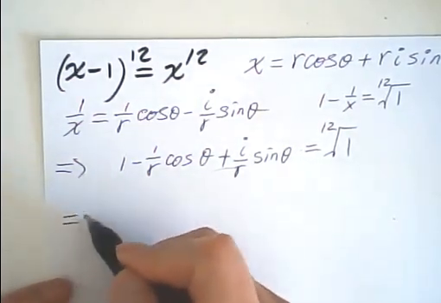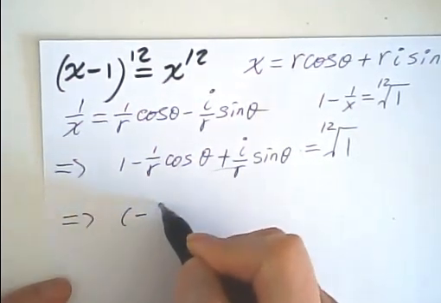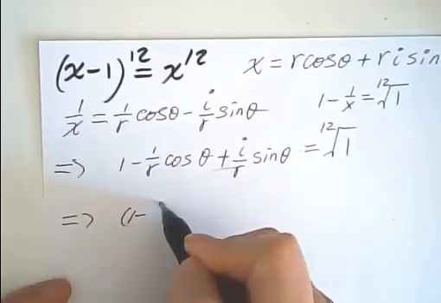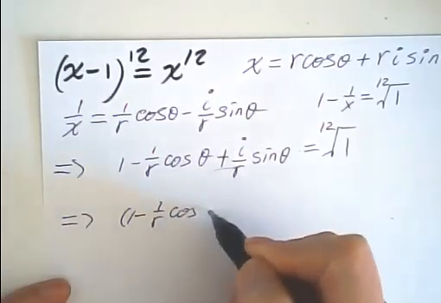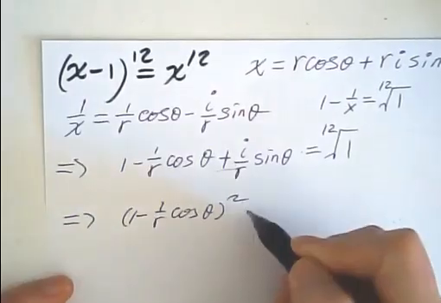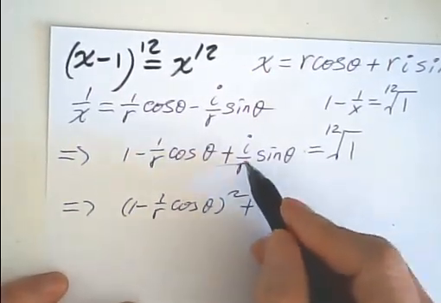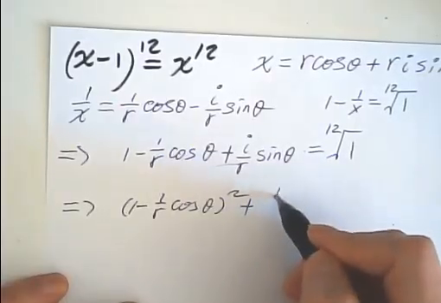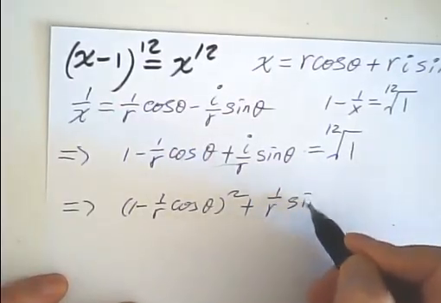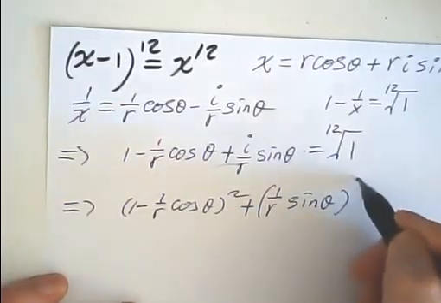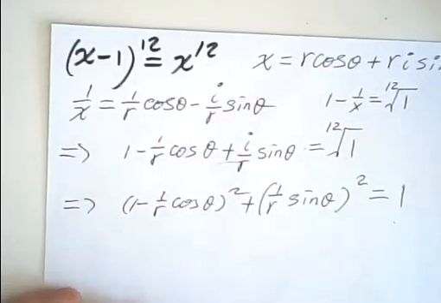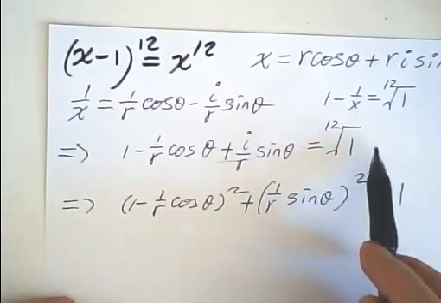So what is the modulus of this complex number? That is 1 minus 1 over r cosine, square, plus this is square, right? Plus 1 over r sine square must be equal to 1. Because the modulus of this complex number is 1.